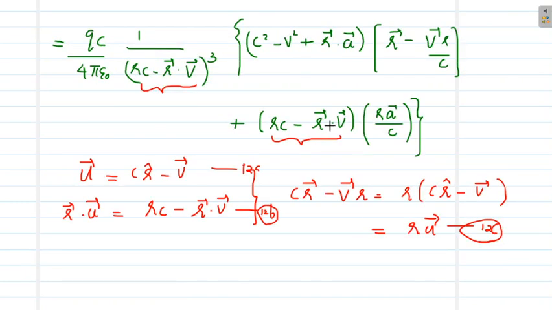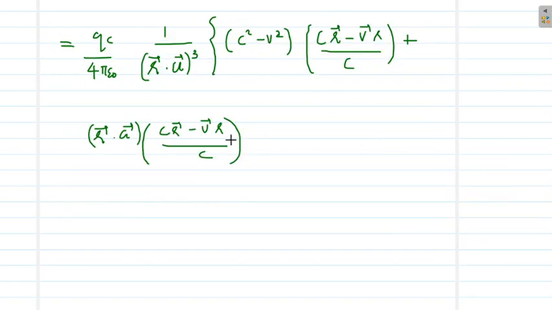Here I have split the term c squared minus v squared plus R bar dot A bar into (R bar minus V bar R by c). I have taken c squared minus v squared into this vector as the first term, plus R bar dot A bar into the second part as the second term.